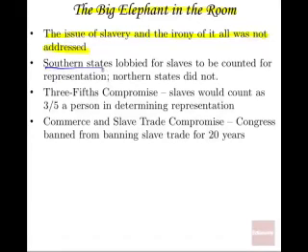The Southern states lobbied for slaves to be counted for representation. You would think the Northern states would want that, but they did not. They did not want slaves counted for representation because if you added slaves as part of the population, then the South would be represented even more in the House of Representatives.